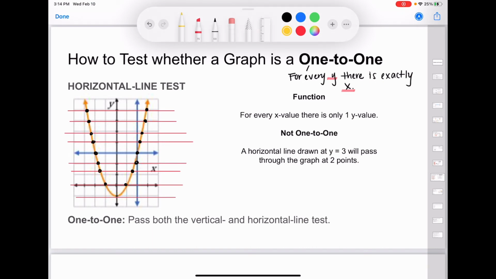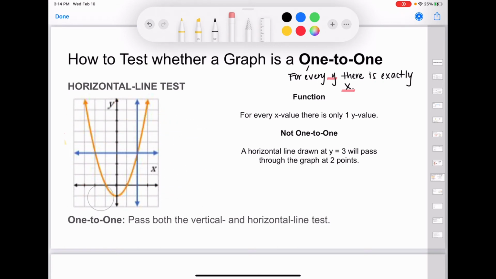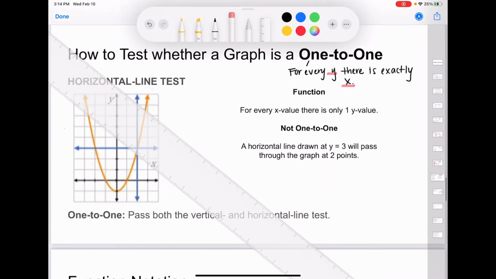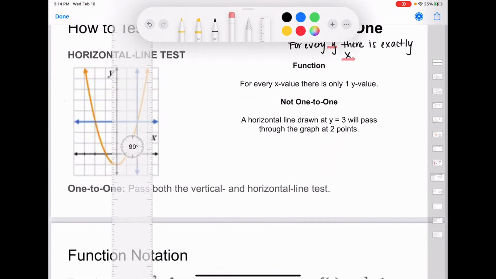So if I were to look at my y, I would see that there's more than one x for almost every y, and so that's not a one-to-one function. However, if I wanted to see if this was a function, it's not a one-to-one, but if it's a function, we'll do the vertical line test we did earlier.